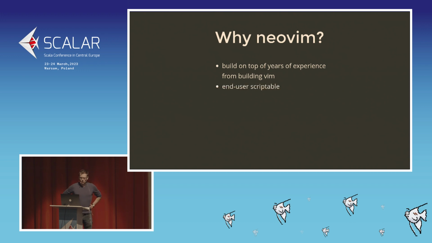It is also end-user scriptable, so the whole configuration of your Neovim is written in Lua, and you can also write some small Lua snippets to extend it further or customize, which is really cool because you get this configuration as code for free, meaning that you don't need to hack anything.